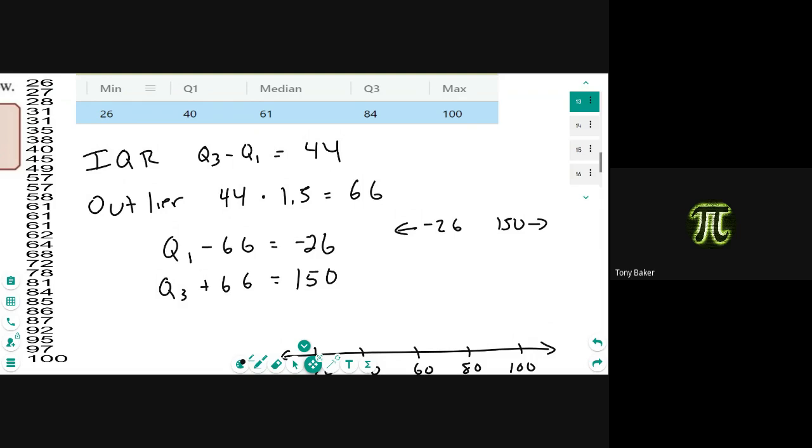Those are telling you where the outliers begin. If there was a number less than -26, then it would be an outlier. Let me find a list that actually has one. Actually, no, I'm going to show you in the next problem, because I already have that one set up with the outlier.